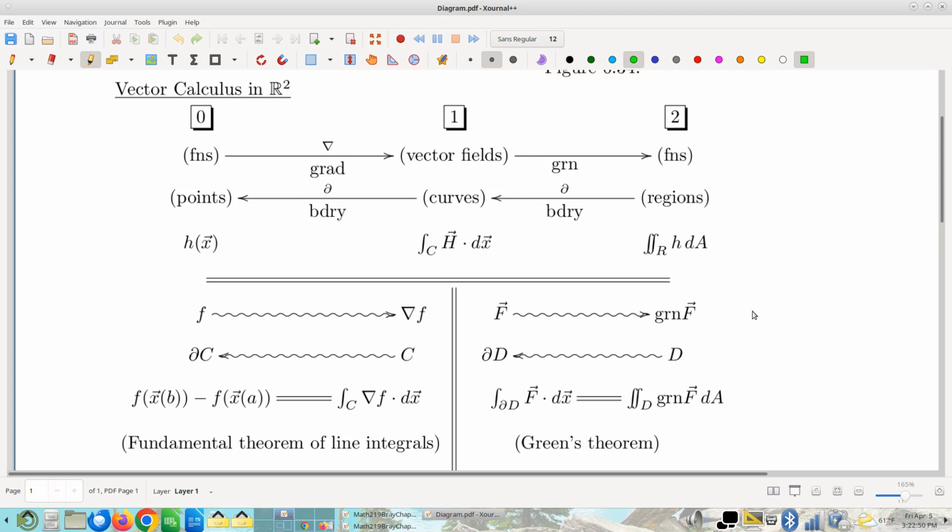So what I'm left with is this diagram, and I'm not going to prove anything that's written here.